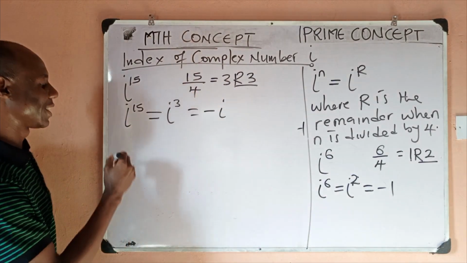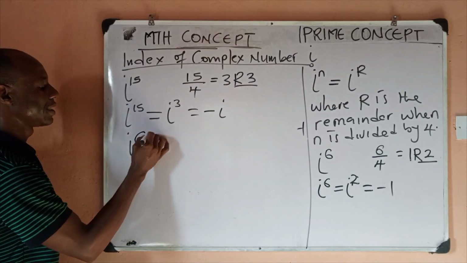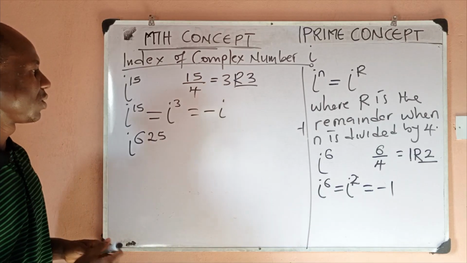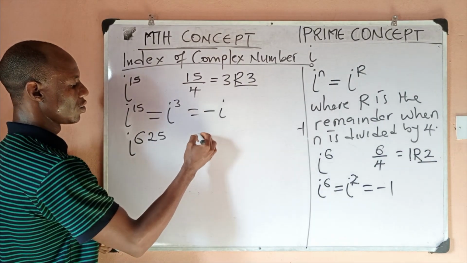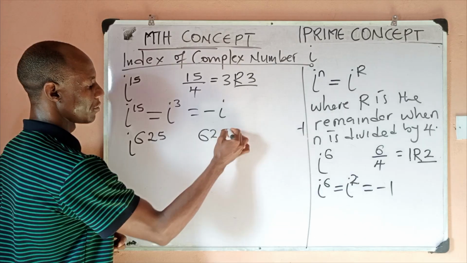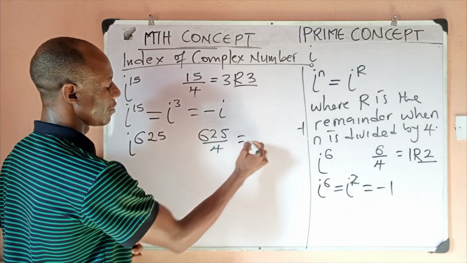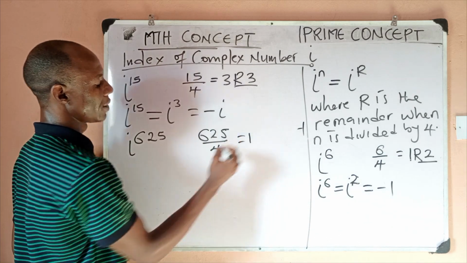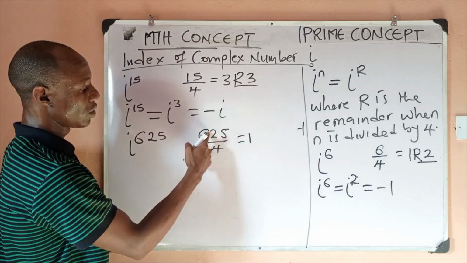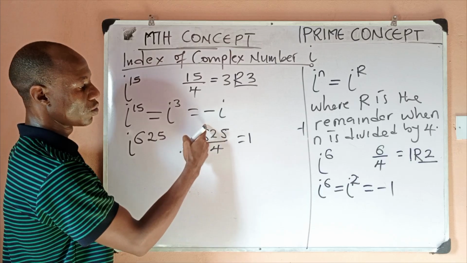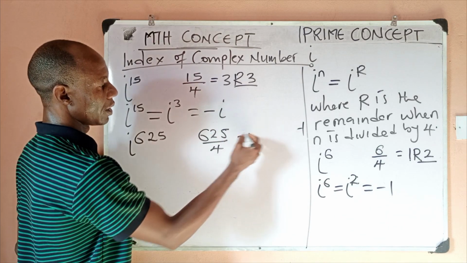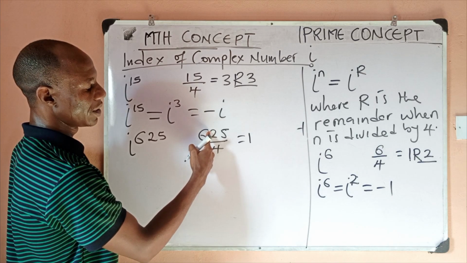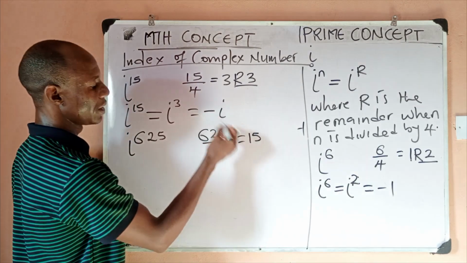Let me solve a bigger power again. Now say we have i raised to power 625. This power is quite big, so we're going to see how to reduce this. I would say 625 divided by 4. Let's divide this. 4 in 6 is going to give me 1, remainder 2. If I put the 2 here, I have 22. 4 in 22: 4 times 5 is 20, so it's going to give me 5, remainder 2.